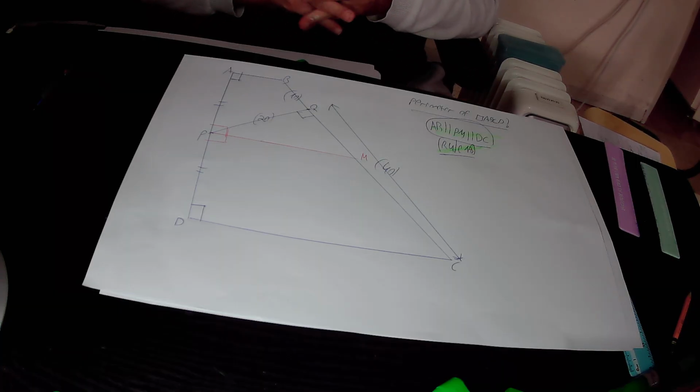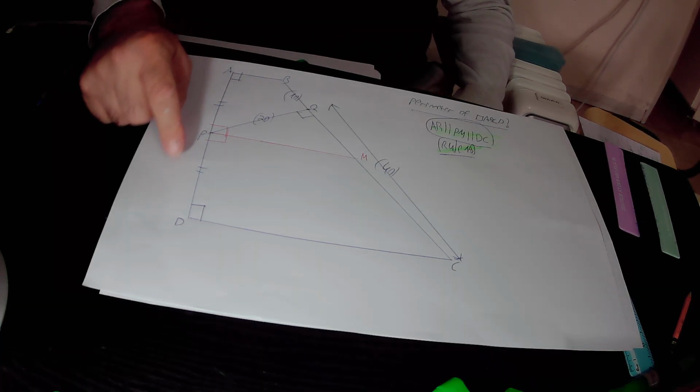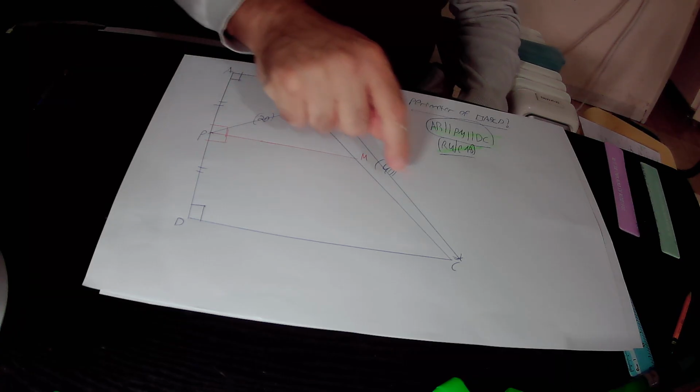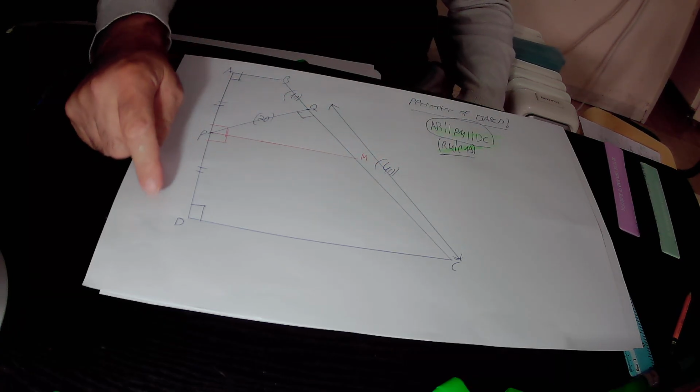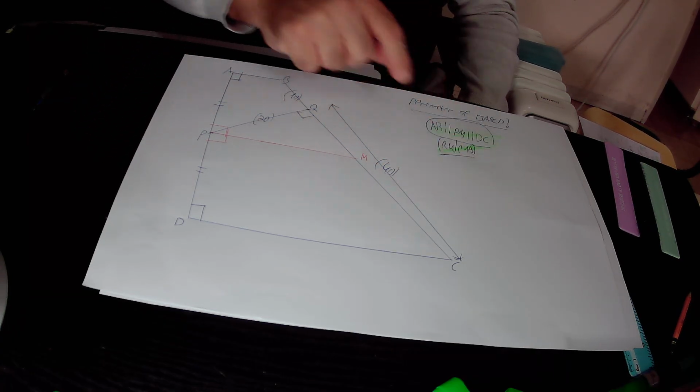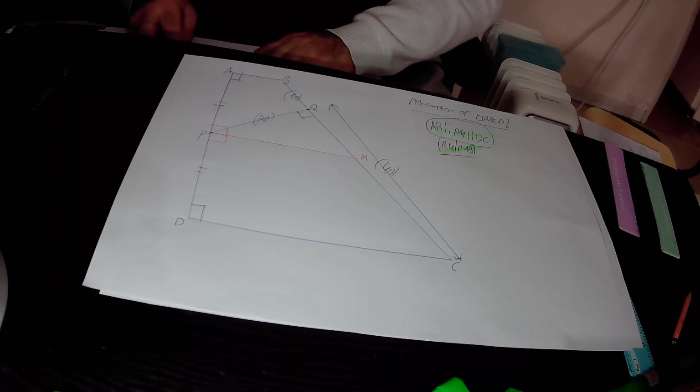The relationship is as follows. AP over PD equals BM over MC. So I write it down.